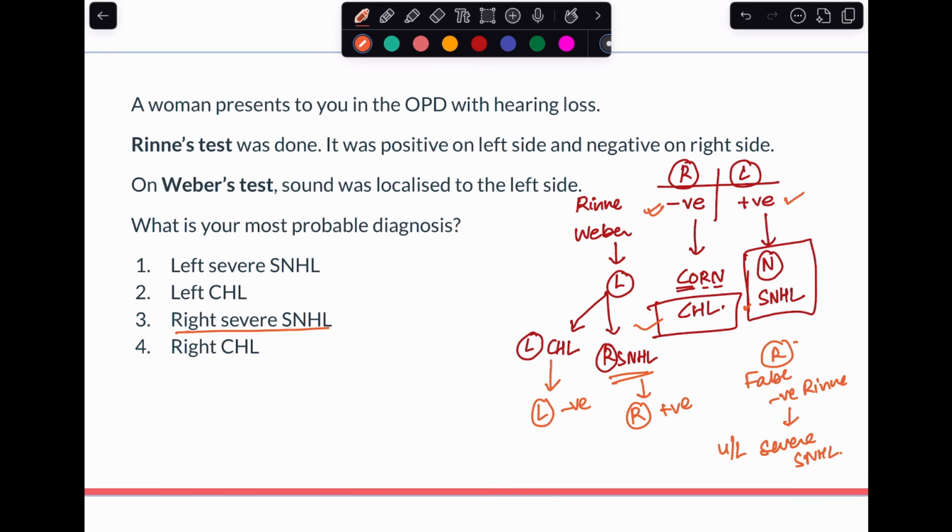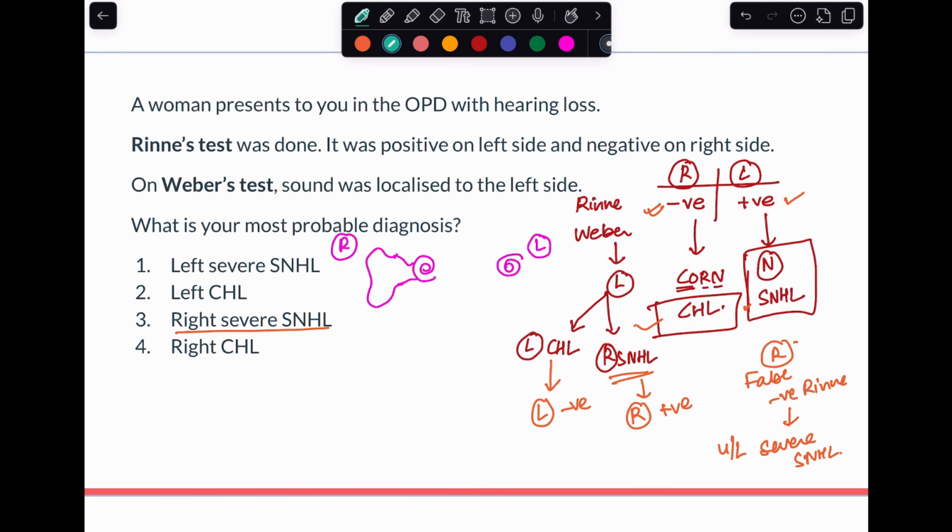Now let me try to explain to you what exactly happens in a sensorineural hearing loss. Now imagine this is our ear, it goes into the cochlea over here. This is our right ear, and this is the cochlea of the left ear. Now, when you're performing the Rinne's test, we are testing both air conduction as well as bone conduction, right?